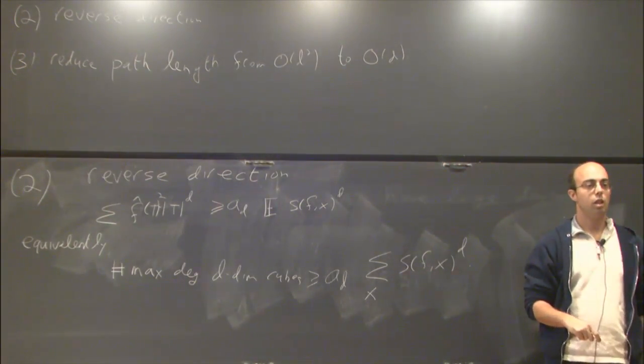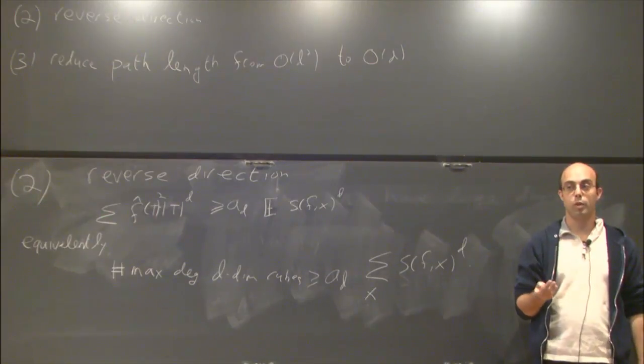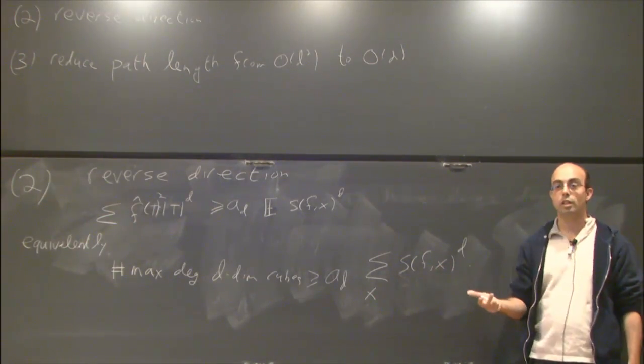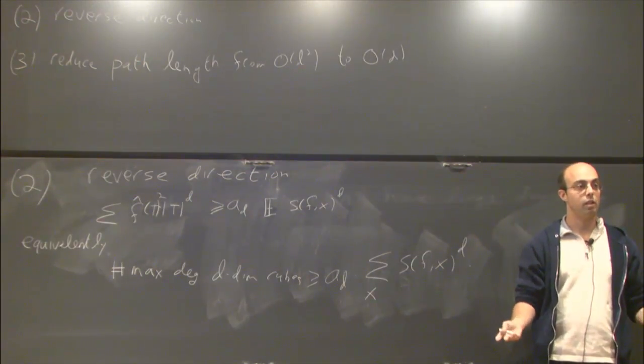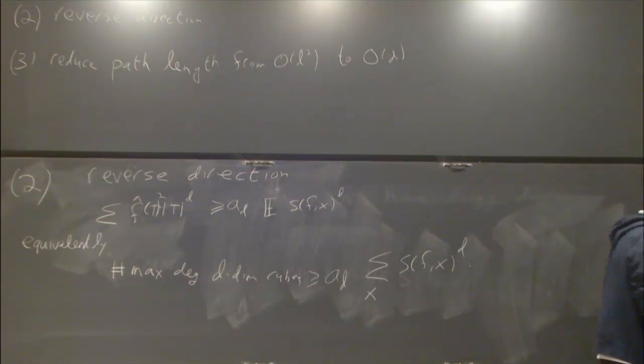And what we're going to do is something very simple. We're going to show that if a node has high sensitivity, it belongs to many maximal degree cubes. This is the most direct way to do it.